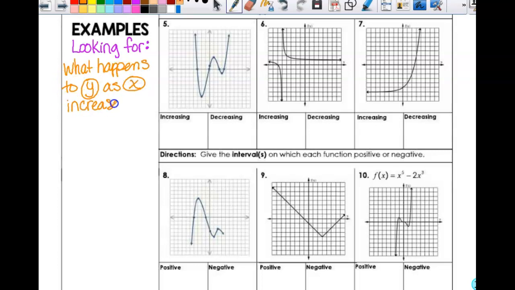That's what we're looking for. That's what we're talking about. Okay? But what we write as our answer always is intervals of the domain.